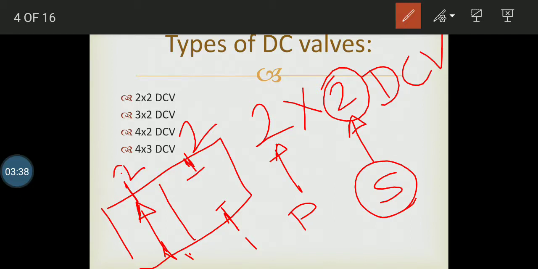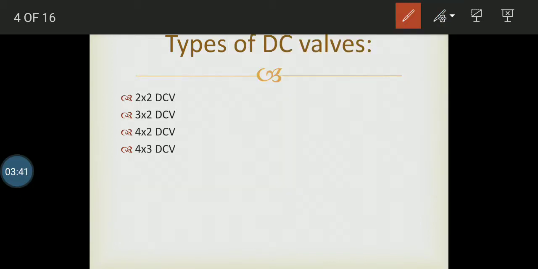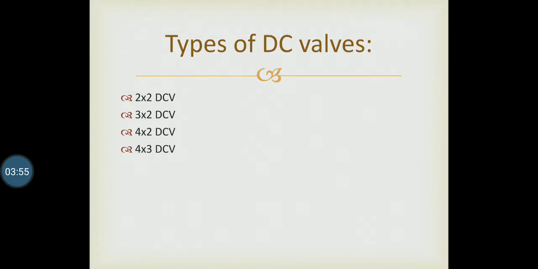So this is the symbol of a 2x2 DCV. I have already discussed these symbols in the lecture, so we will not waste time on them. I just wanted to make some revision. We will move forward to our types of DCV, which are 2x2, 3x2, 4x2 and 4x3.